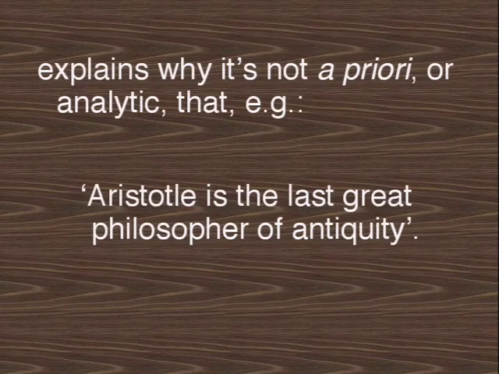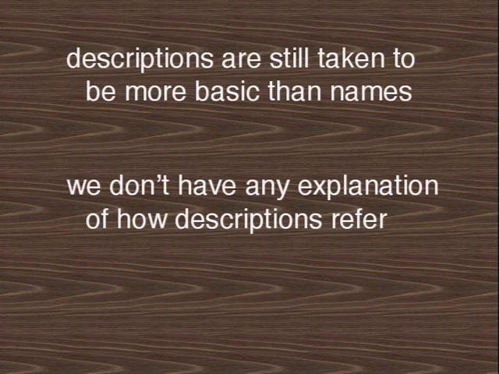And note though that descriptions are still being taken to be more basic than names. So that issue that was being raised earlier about, isn't this cyclical? Are we getting anywhere here? Are we making any progress at all here? Is still live, because Searle, like Frege, is saying descriptions are more basic than names. Names are just handy because you don't want to have to decide which description you're going to use.